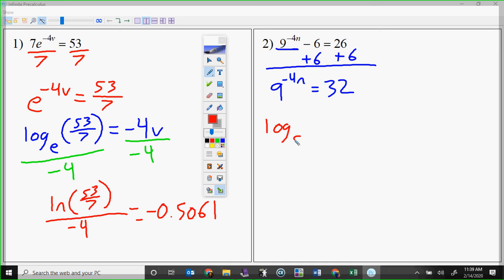Log base 9 of 32 equals negative 4n, and then divide by negative 4. If I type this in, I got log base 9 of 32 divided by negative 4, and I get n equals negative 0.3943.